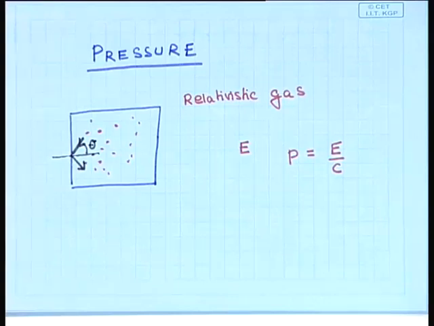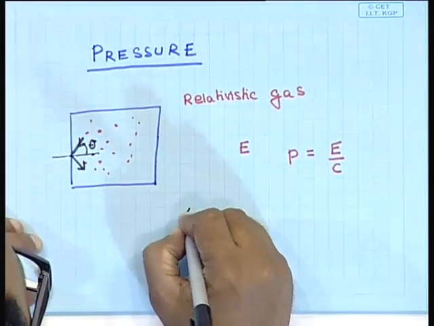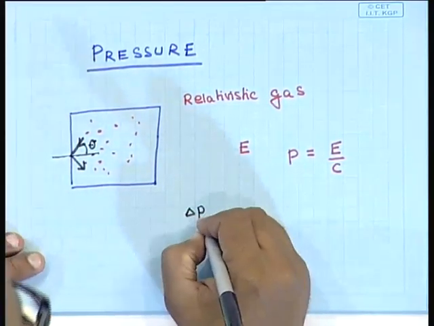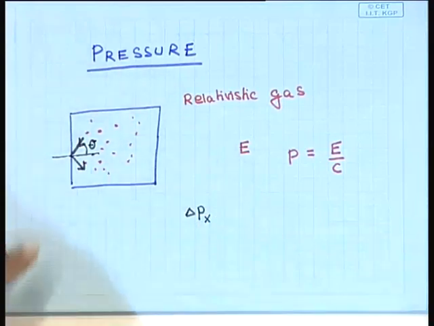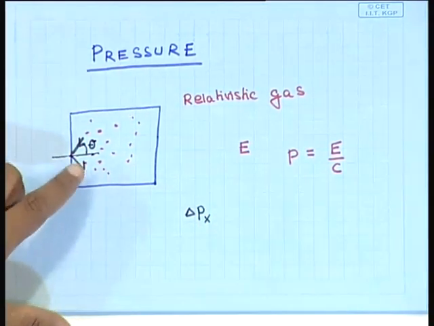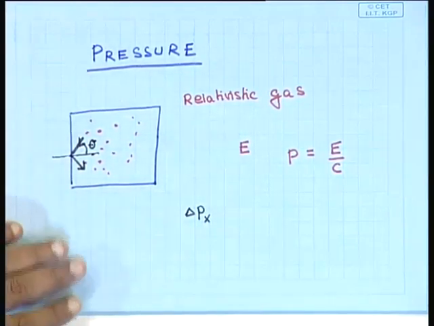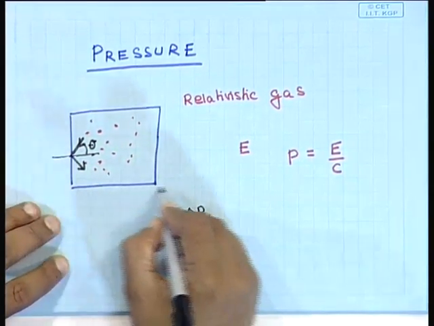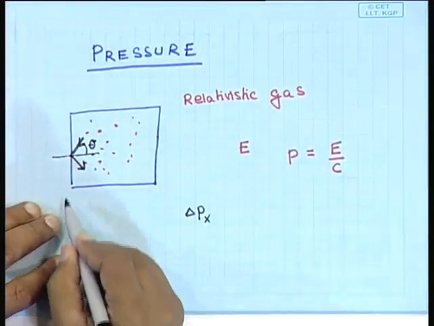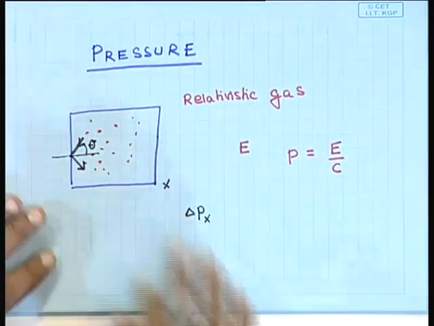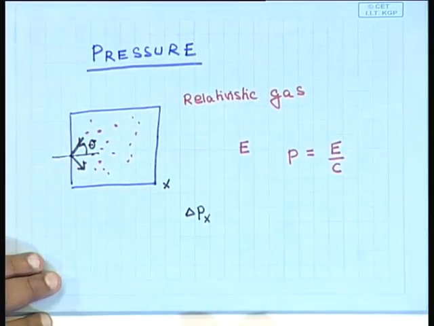So, the change in the momentum, the delta p, occurs only in the x direction. The y direction of the momentum is conserved and the z direction is also conserved. We are calling this the x direction, this is the y direction, and we are interested only in the x direction, along the x axis here. In this problem it is only the x axis that is of consequence.